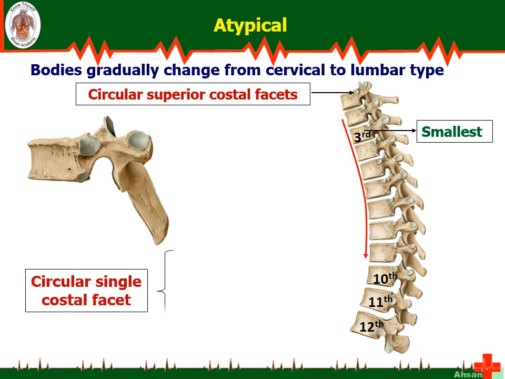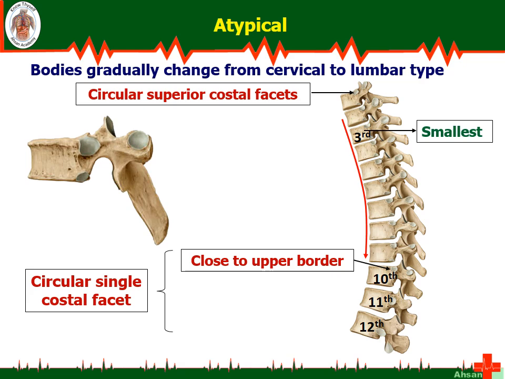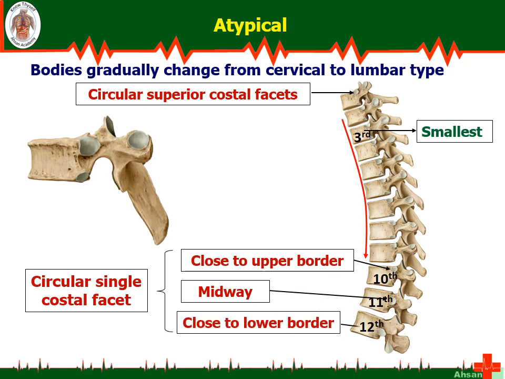Among the other three atypical, the lower three, the 10th thoracic vertebra has a rounded upper facet that is very close to the upper border. In the 11th, this is midway between the upper border and the lower border. And in the 12th, it is close to the lower border. The transverse processes of the two lower thoracic vertebrae, the 11th and 12th, do not have any articular facet.